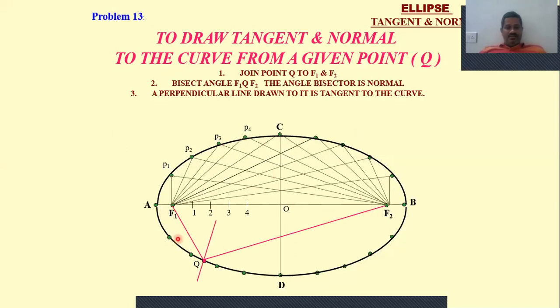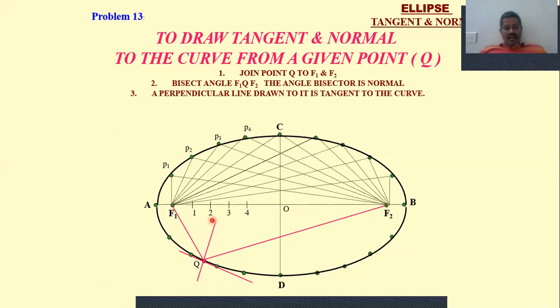bisect this angle. So then we have to bisect this F1QF2 angle. So after bisecting this angle, then draw a perpendicular line to this angle bisector we have here, which is F1QF2.